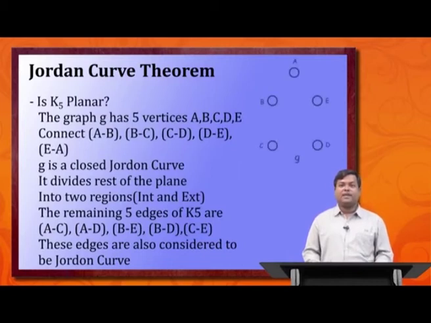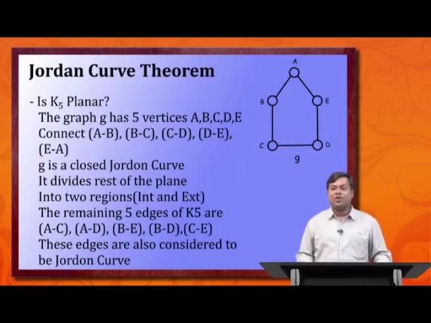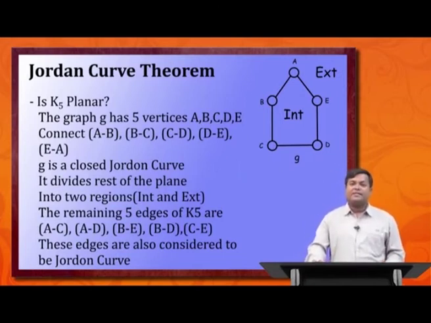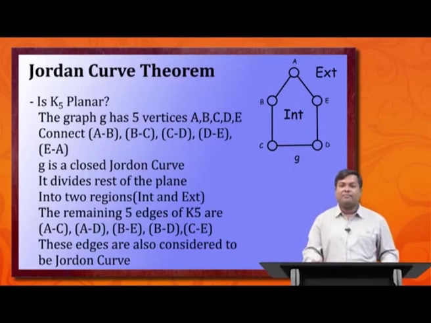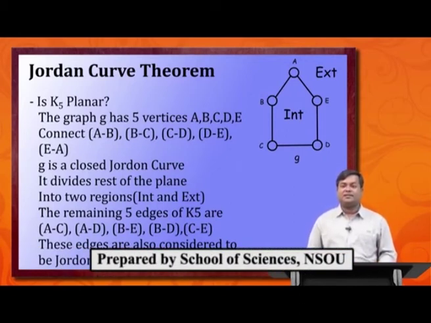So the graph G has 5 vertices, A, B, C, D, E. We are joining A, B, B, C, C, D, D, E, E, A. Now, if you see the figure, this A, B, C, D, E, A is a closed Jordan curve, and it divides the entire plane into 3 parts: interior, exterior, and the curve itself. Let's see what the remaining edges for K5 are. I have marked all the remaining edges with a dotted line.